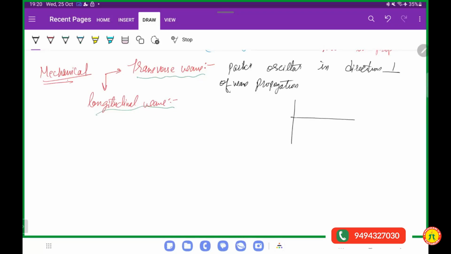So I can draw it like this here. This is the wave motion. So around this, it is propagating like this. See, it is moving like this.